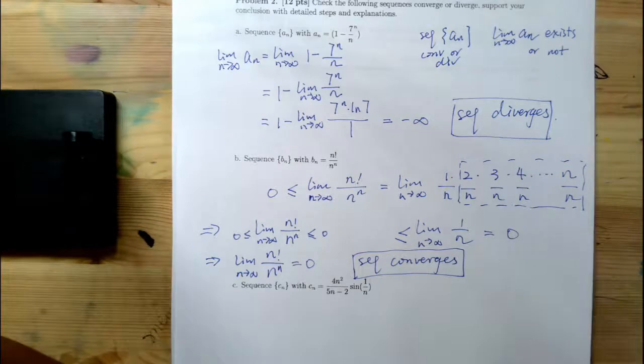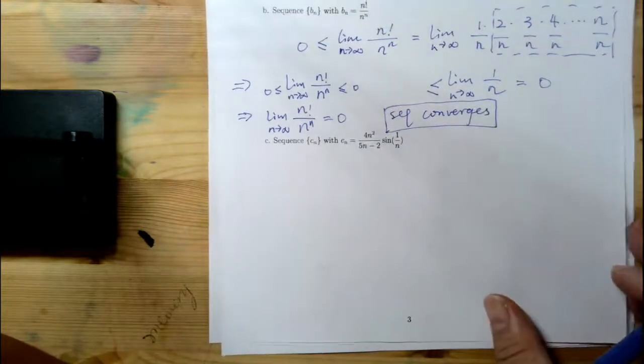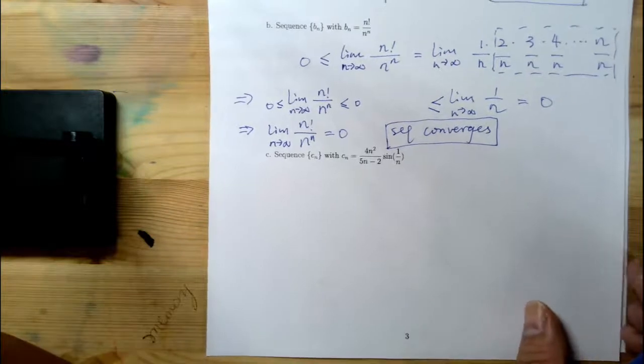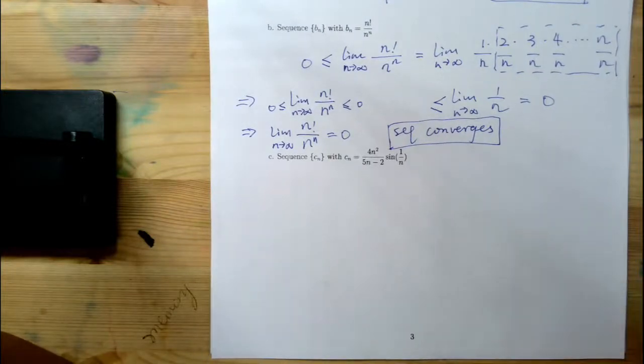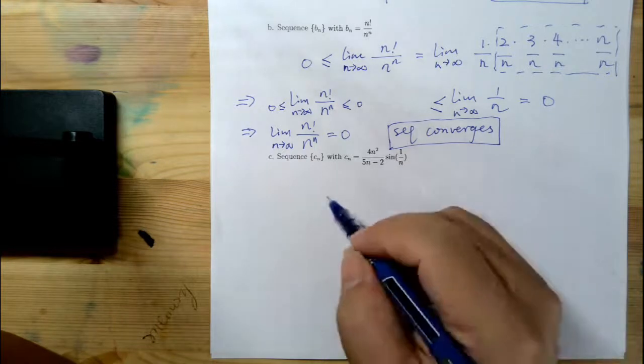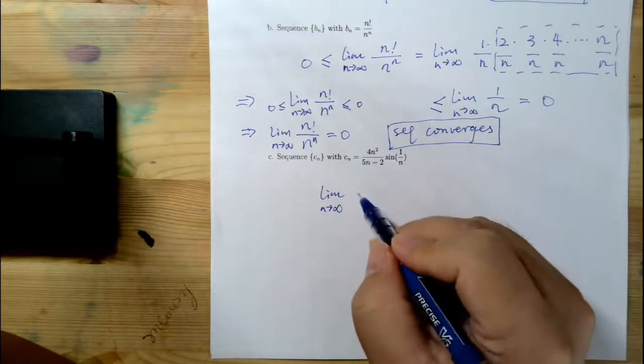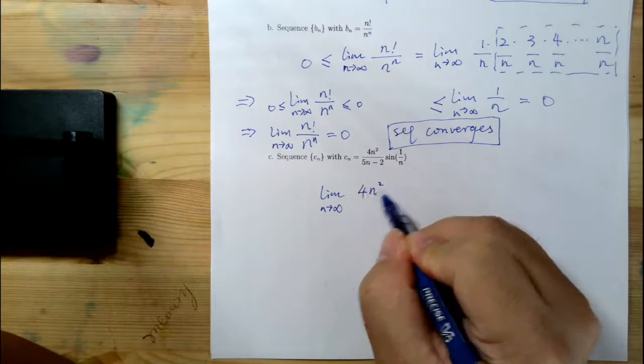Look at part C here. The sequence c_n is 4n squared over 5n minus 2 times sine of 1 over n.